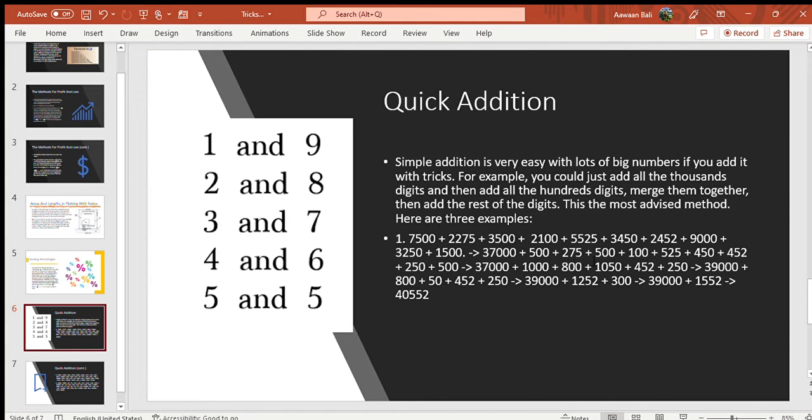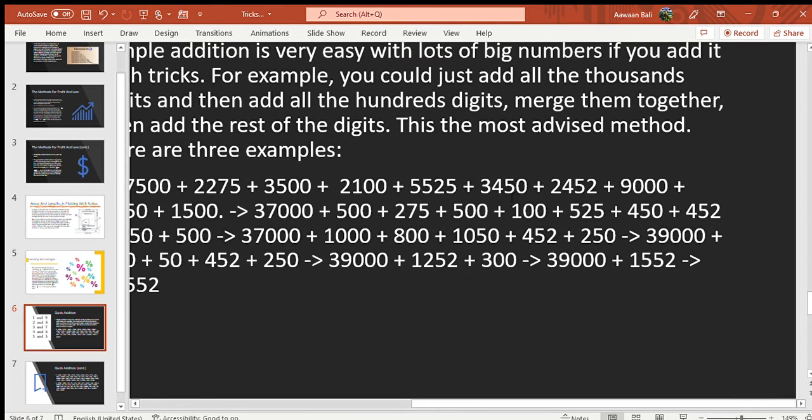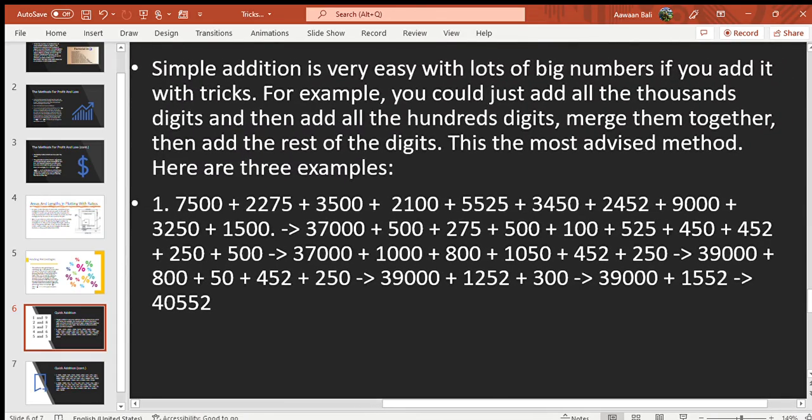Then for the 800, that would be 275 plus 525, and then 450 plus 500 plus the 100.